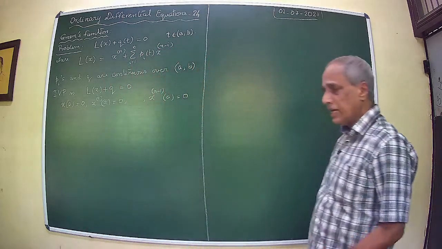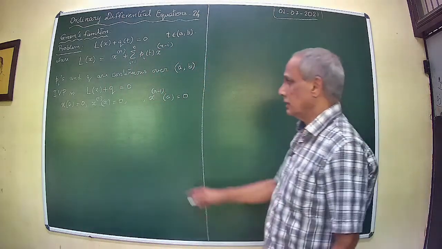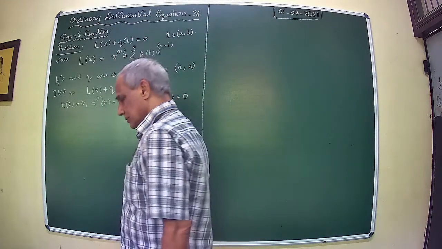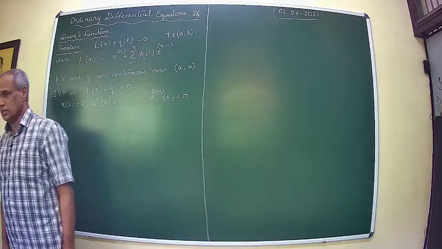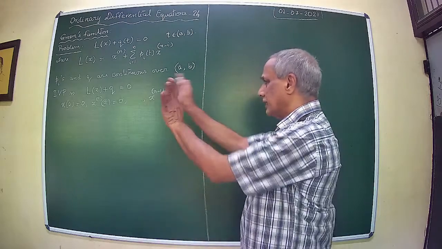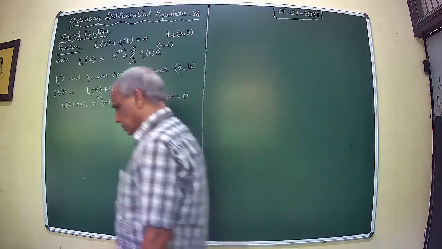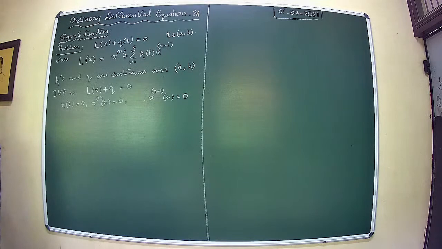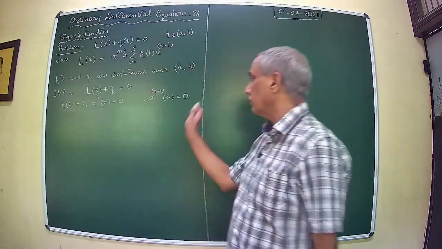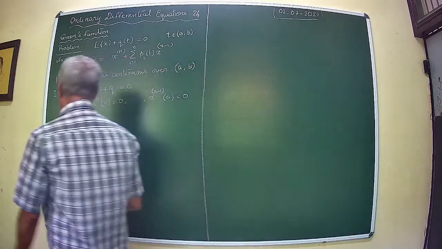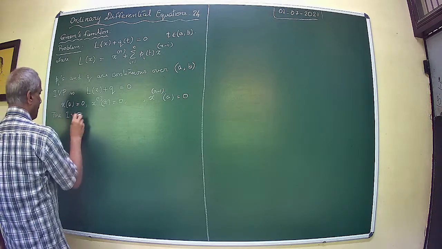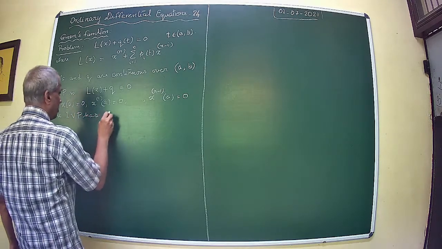Since it's the inhomogeneous equation, the solution is not the trivial solution. Had Q been identically equal to 0, the solution would have been x identically equal to 0. Now you know that under the conditions that we have imposed on the coefficients, the solution exists uniquely for this particular initial value problem. So the IVP has a unique solution.